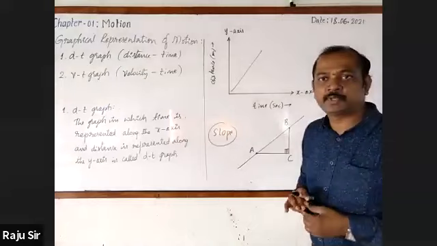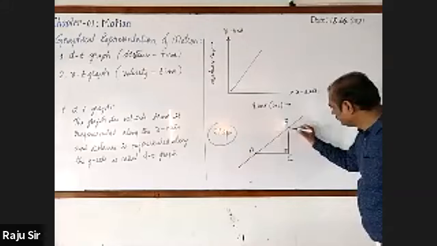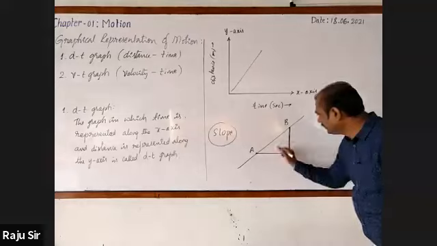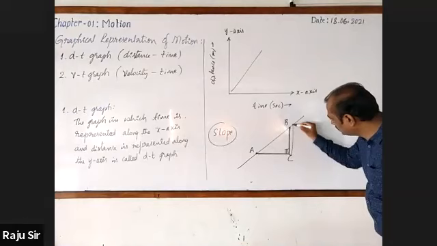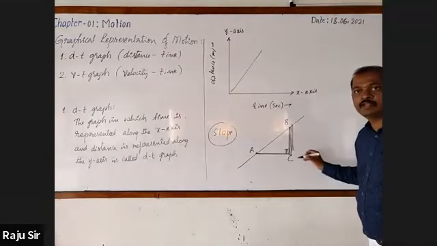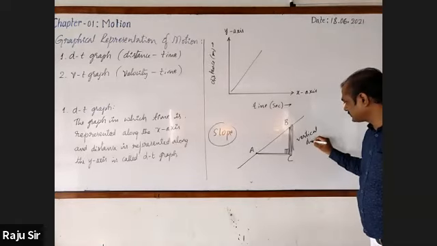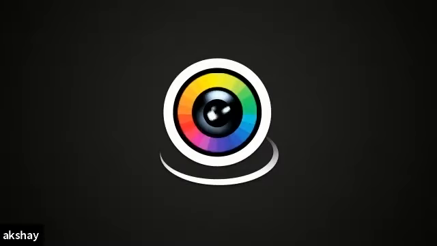What type of triangle is obtained? Right angle triangle. This is perpendicular, and this is a vertical line, and this is a horizontal line. This distance is the vertical distance, and this distance is known as the horizontal distance.